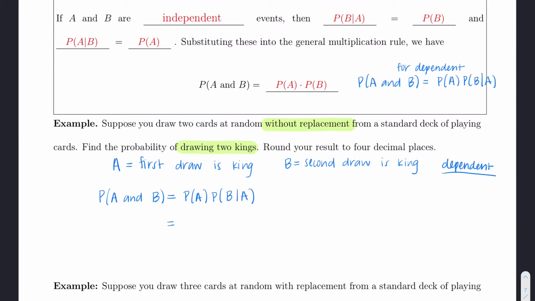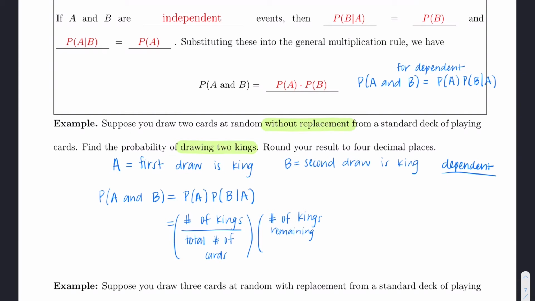To think about this in words, the probability that the first card is a king is equal to the number of kings in the deck divided by the total number of cards. So that's the first probability. But for my second probability, I'm going to have the number of kings remaining, because this is all on the condition that I've already pulled out a king.